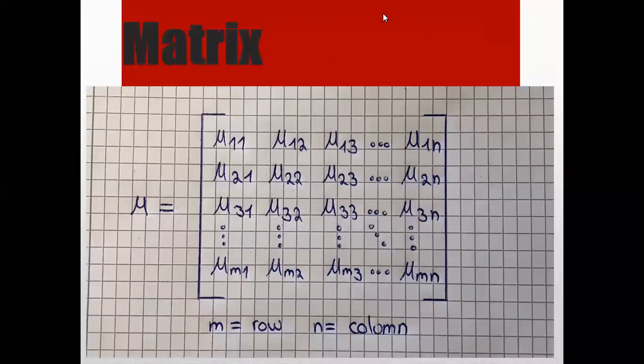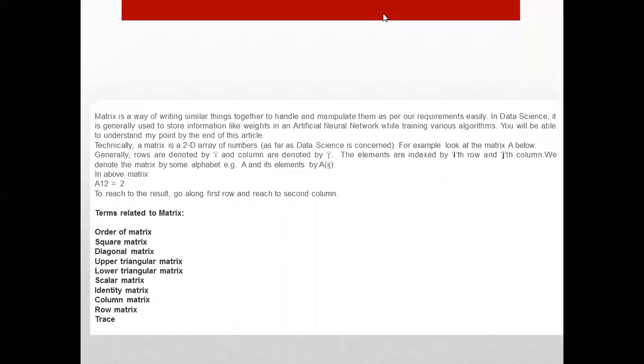Then the next data object that is not so popular in linear algebra is the tensor, which we will see later. Though the matrix is a way of writing similar things together to handle and manipulate them as per our requirements. So in data science, it is generally used to store information like weights in an artificial neural network while training various algorithms.